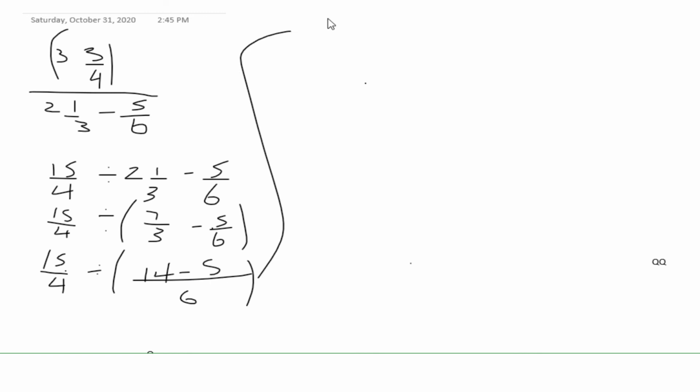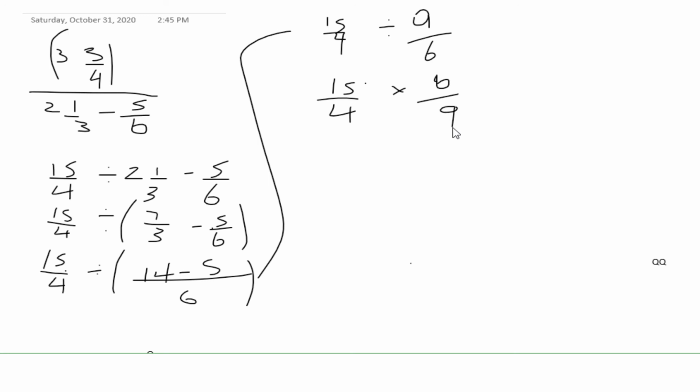So that's 15 over 4 divided by, so that's 5 minus 14, that's 9 over 6. So we're gonna have now 15 over 4 divided by 9 over 6. I'm gonna change the sign and flip it, so that's 6 over 9.